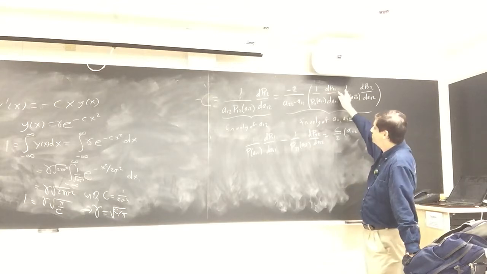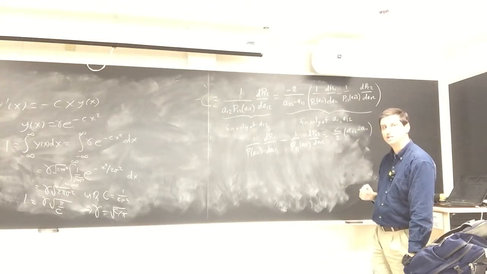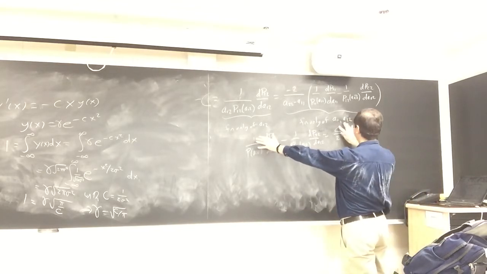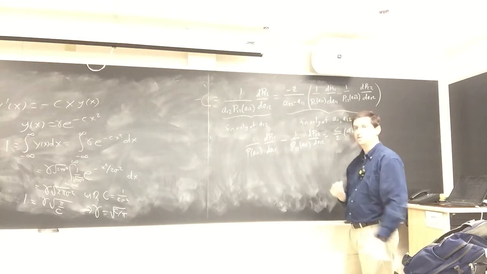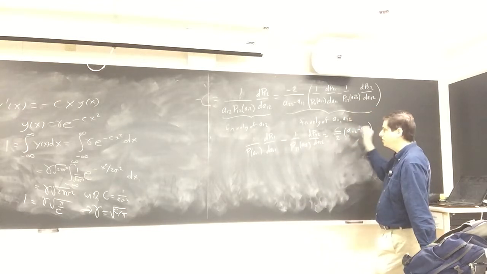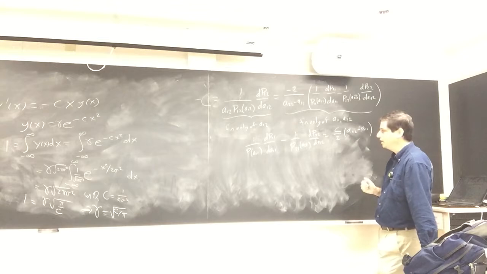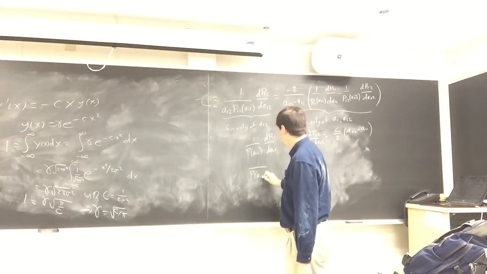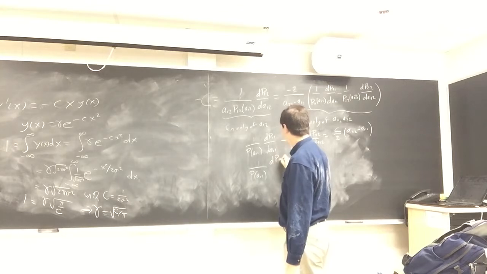So the problem here is things are mixed. I want to separate things. I want to collect all the A11s together and all the A22s together. So look, I've got a lot of A11s here, and I've got an A11 here. Why don't we put them all on the same side? And why don't we put all the A22s on the same side? And so if we do that, we get 1 over P of A11 dP11 over dA11.